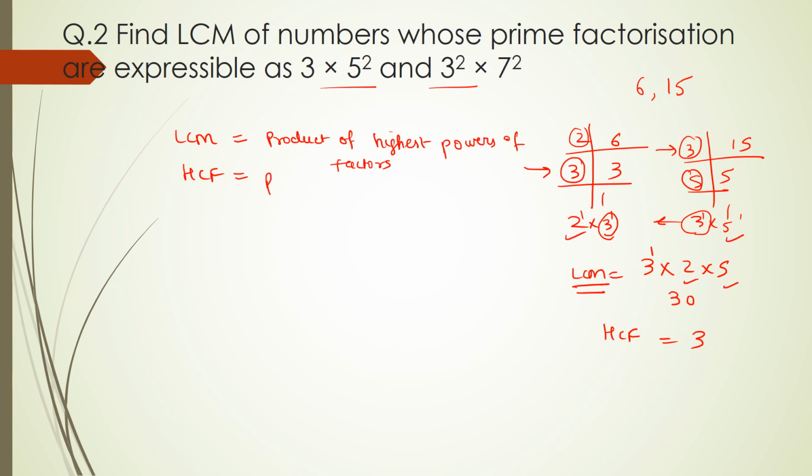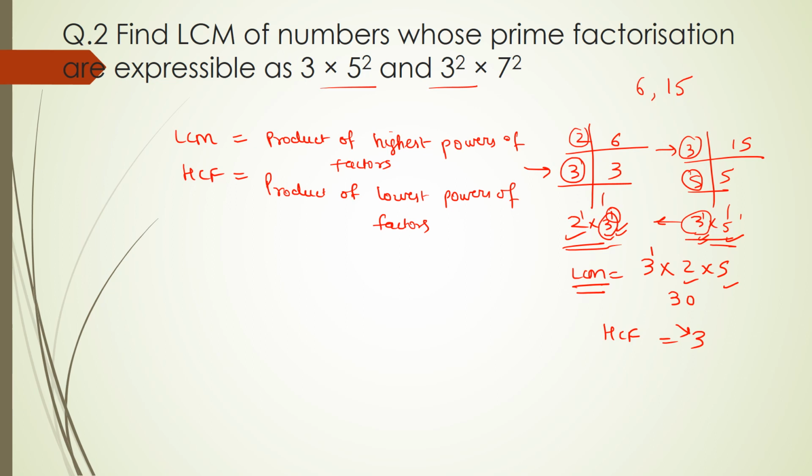Whereas HCF is the product of the lowest powers of factors. And that too should be common, so we will take this one as common, and one time power is considered. So why am I telling you all this?